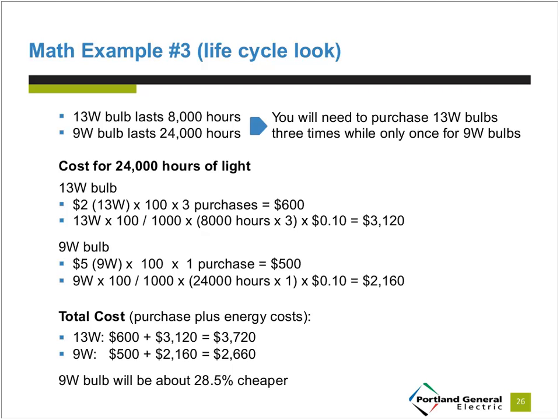The 9-watt LEDs will be 28.5% cheaper over the life of the product compared to the other bulbs. So that's a life cycle look, and quite often, again, that can change a maybe into a definite yes when you do life cycle analysis.